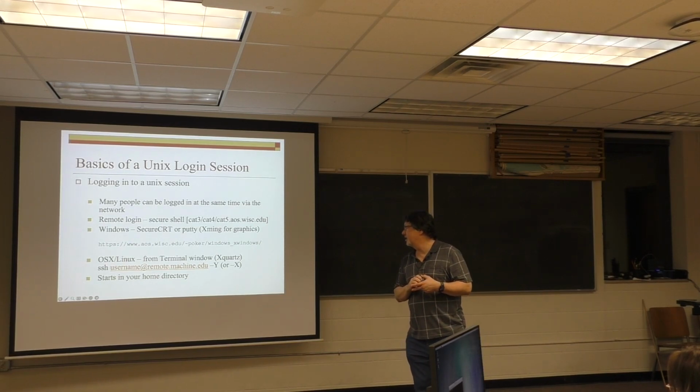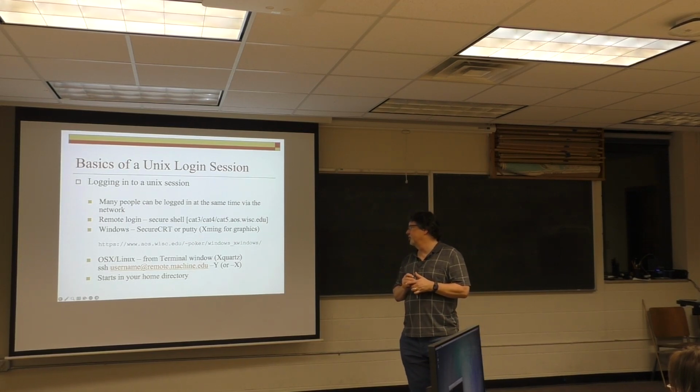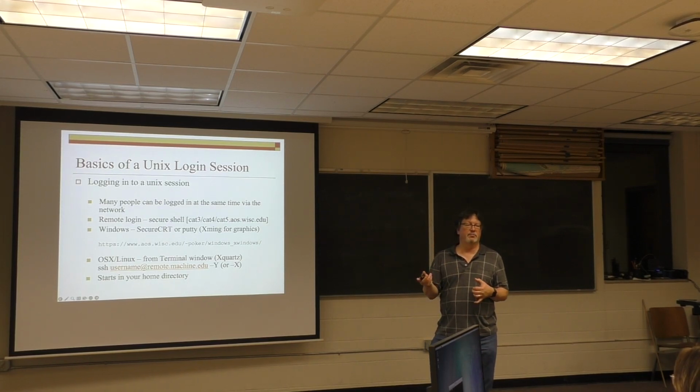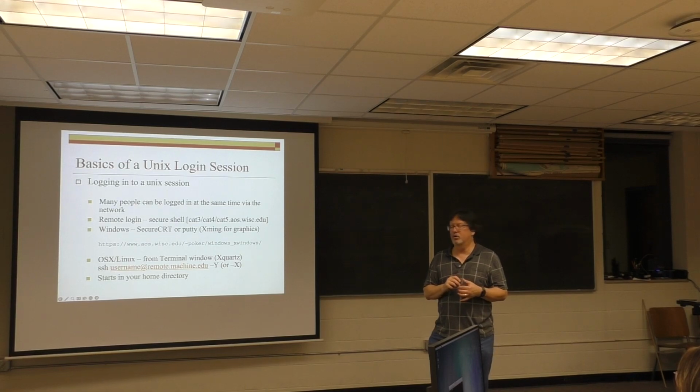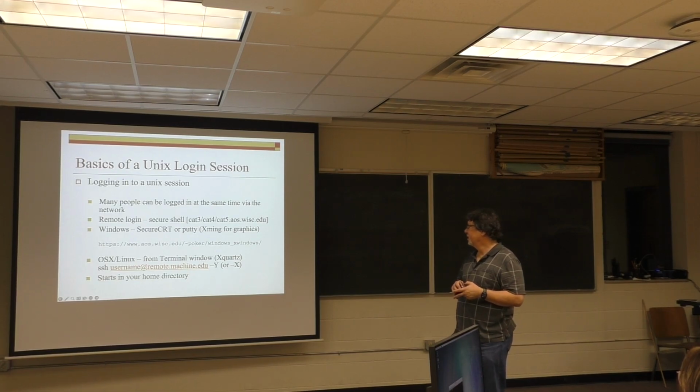If you install Xming on Windows or something called Xquartz on a Mac, and of course you can just secure shell right from the terminal window on a Mac, you can remotely log into these machines and run X Windows programs like Genpack or other things and have them display on your computer. And this page explains how to set that up on Windows if you have a Windows machine.